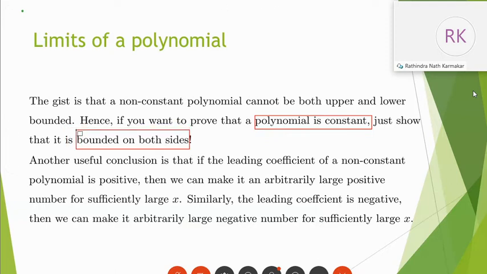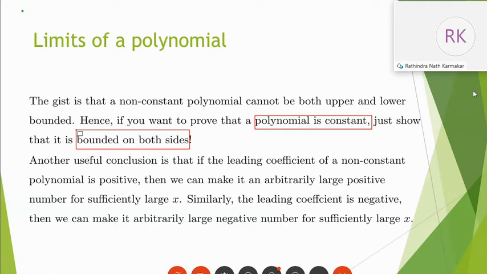So you have a polynomial p, you are asked to prove that p is constant, and sometimes you are given some bounds on the size of the polynomial. Then it is immediate that you have to think about how to consider the limits of the polynomial. If it is constant, it will be bounded on both sides because it's just one number, right?